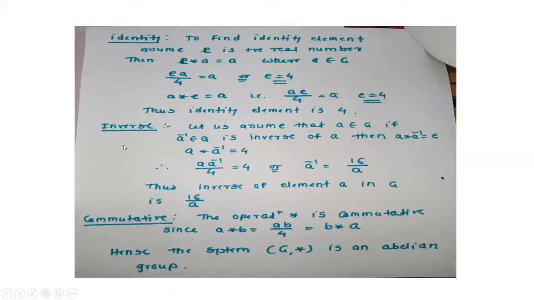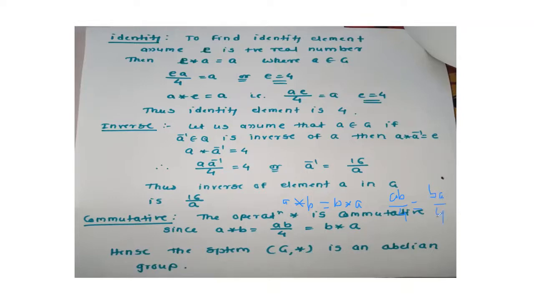Then last, commutative. The operation star is commutative since A star B is equal to AB by 4. We know what commutative is: A star B is equal to B star A. As per our definition, A star B is AB by 4, and B star A is the same, BA by 4.